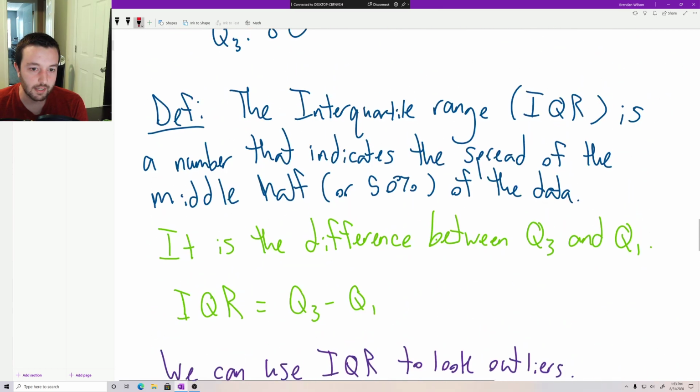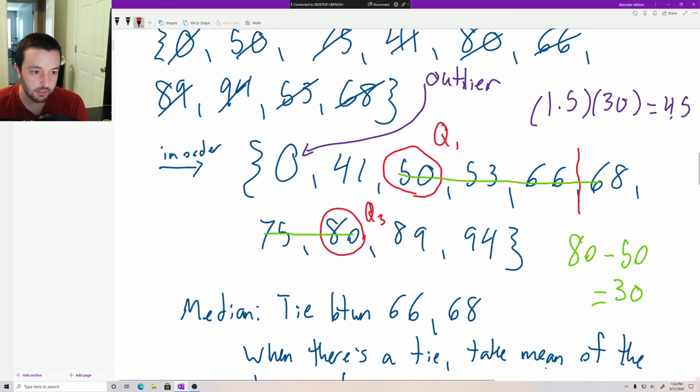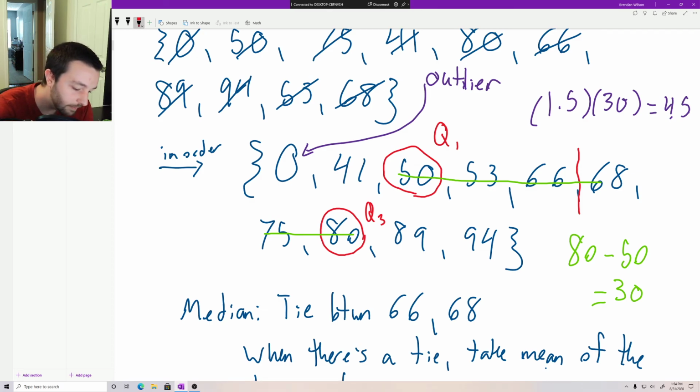Let's go back up to our data set. The fourth number is 1, 2, 3, 4, 53, and the fifth number is 66. Okay. So we're getting pretty messy over here. 53, 66. So we want to take the average of these two numbers.